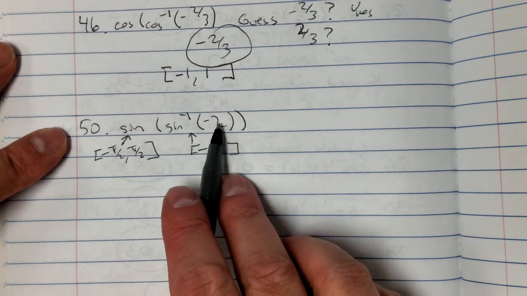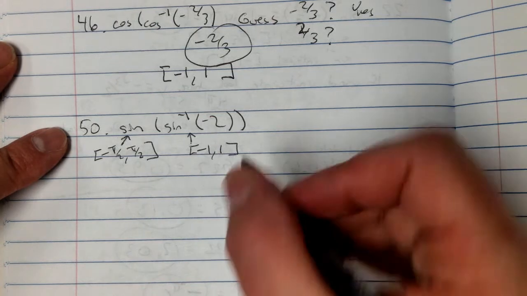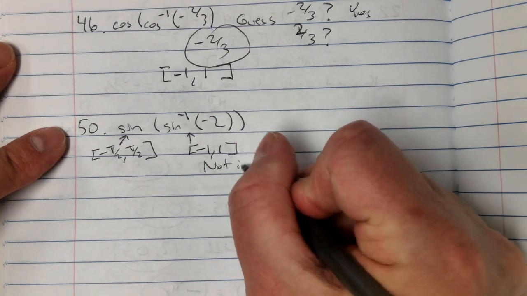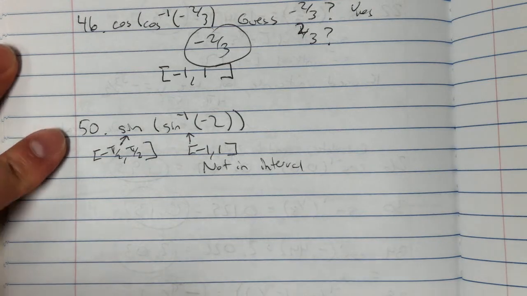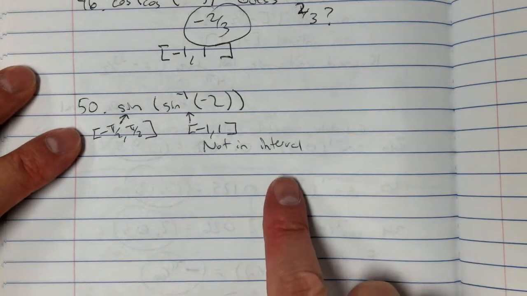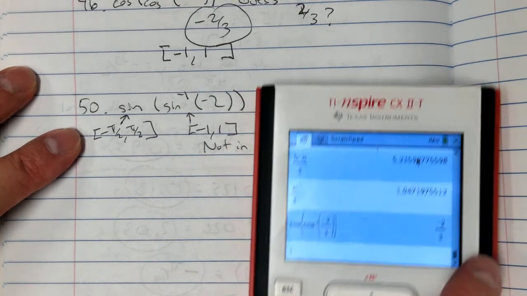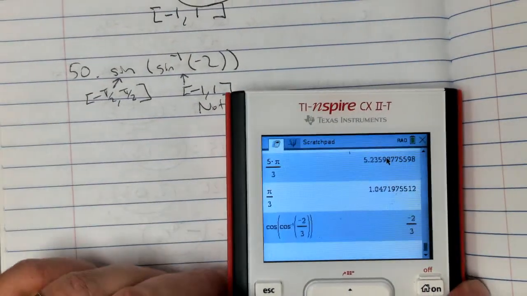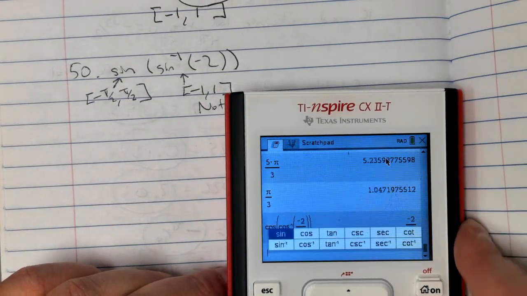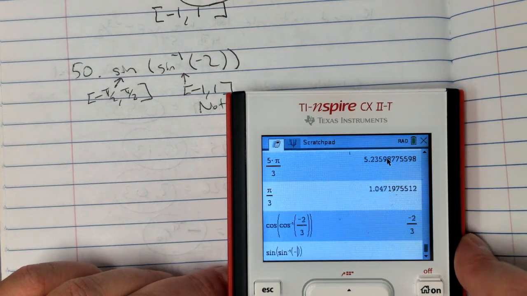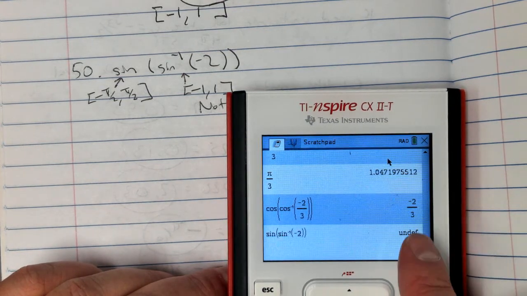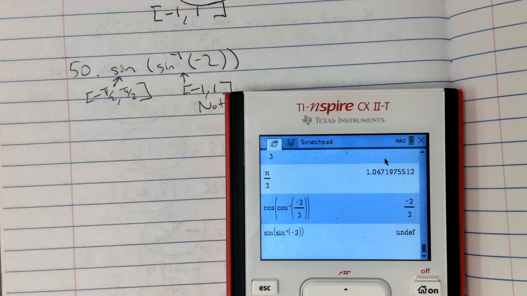But we got -2. And so this is not in the interval. So let's look at what type of error message we get. Sine -1, -2. It just says undefined.